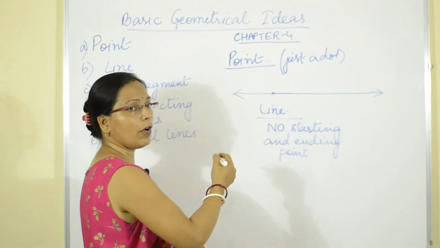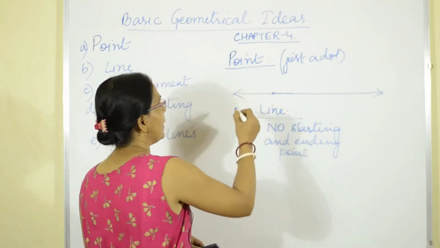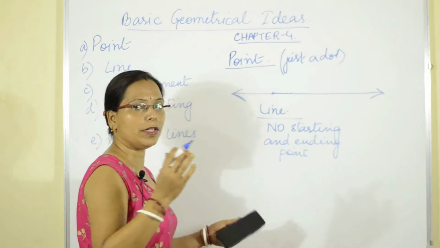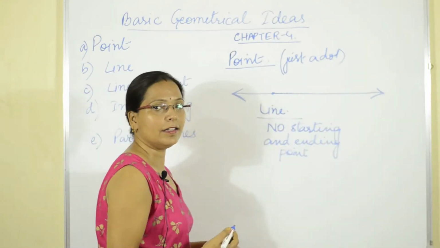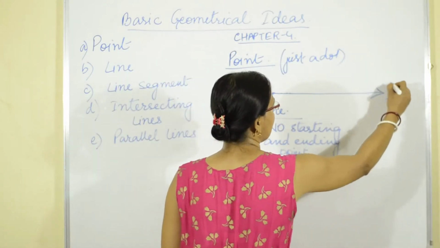It just goes on and on and on in either direction, and this is how we denote a line. A line has to be denoted by two arrows on either side, so that it implies that it doesn't stop. Now normally a line is denoted by a small letter l.